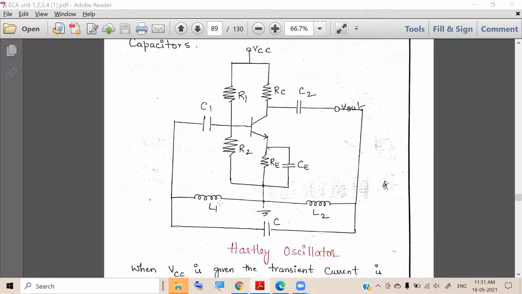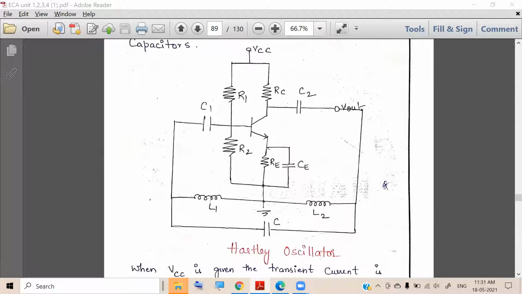So the circuit of the Hartley oscillator and the Colpitts oscillator is the same. The only difference is that in place of L1, L2, we have capacitors C1, C2, and in place of capacitor C, we have inductor L. So Hartley oscillator: two inductors, one capacitor.